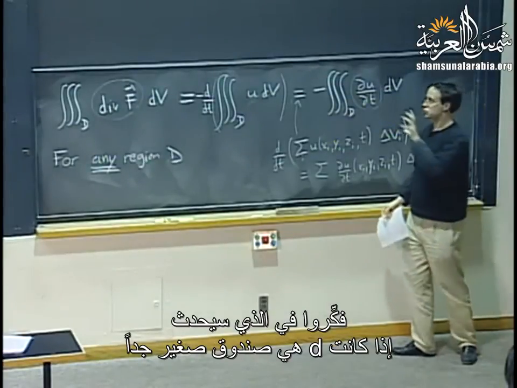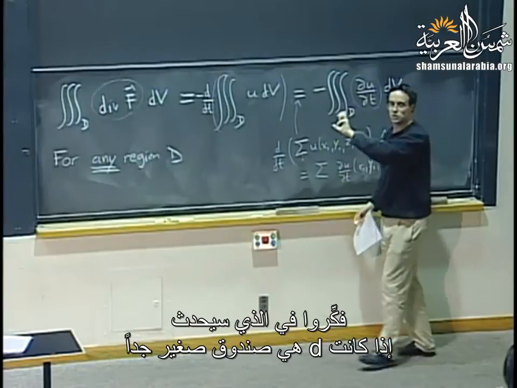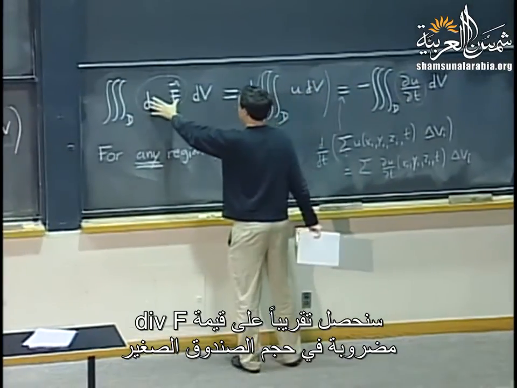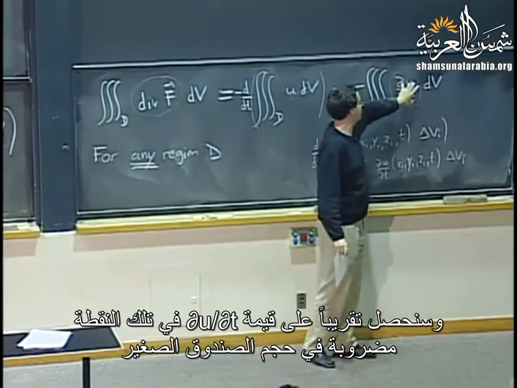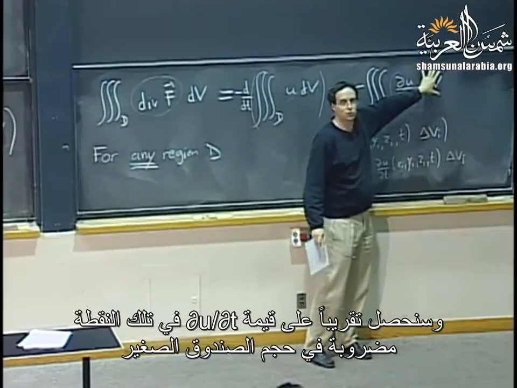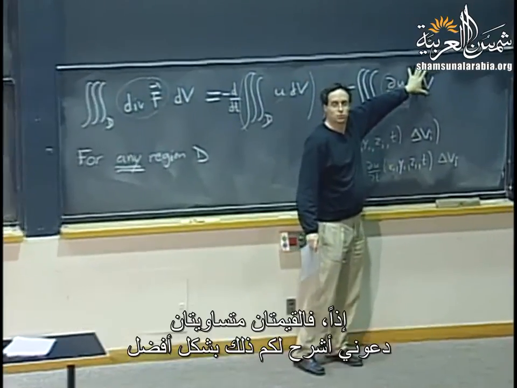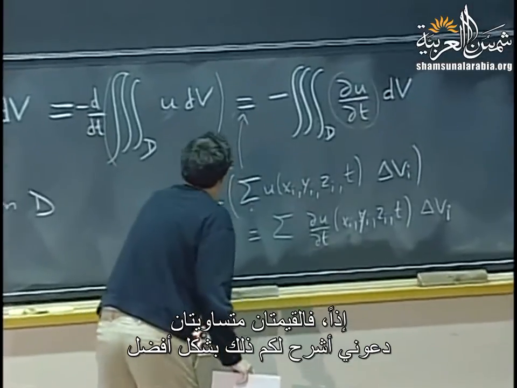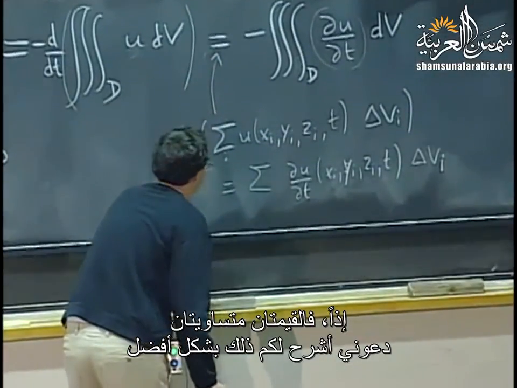Right? Just think of what happens if you just take D to be a tiny little box. You'll get roughly the value of div f at that point times the volume of the box. Or you'll get roughly the value of du/dt at that point times the volume of a little box. So the values must be the same. Well, let me actually explain that a tiny bit better.